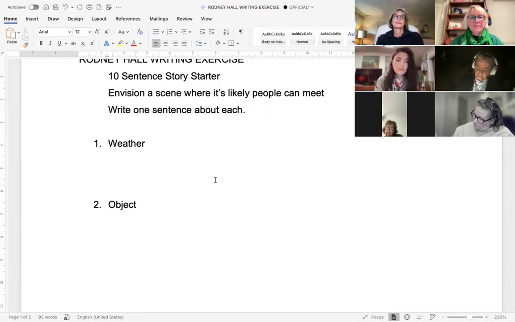Just one sentence. If you're writing a historical world or a fantasy world, you might need a little bit more than a sentence to set up where you are.